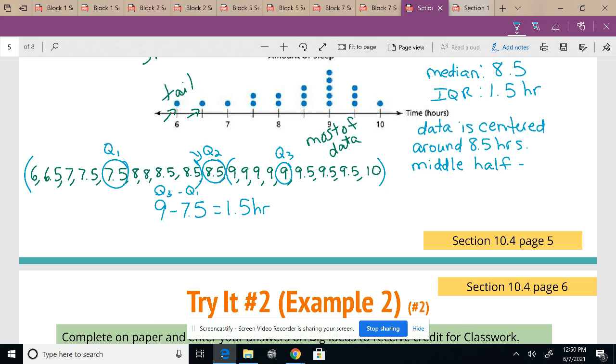Remember, that's your middle half of the data, because you're taking away those outside portions because of those outliers, the data varies by no more than 1.5 hours. Okay? So that's your example 2.